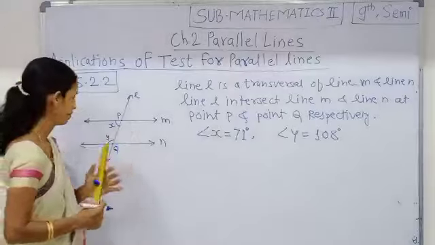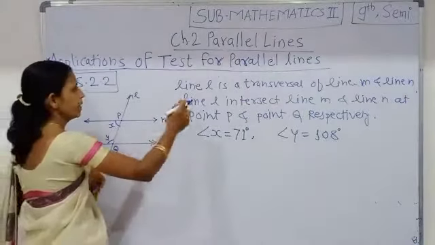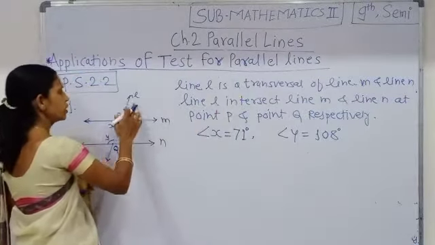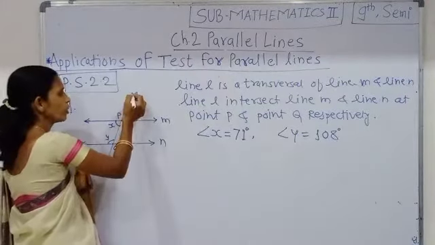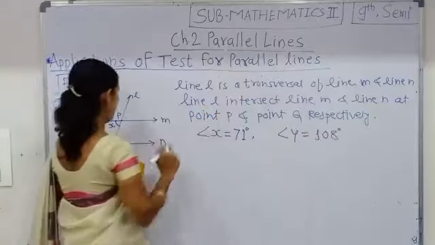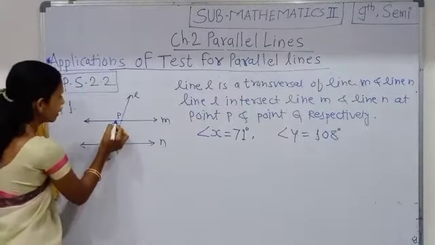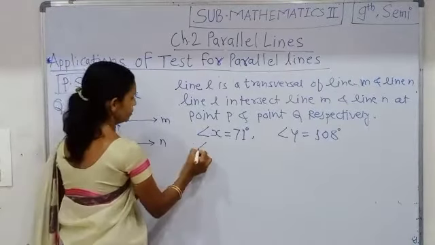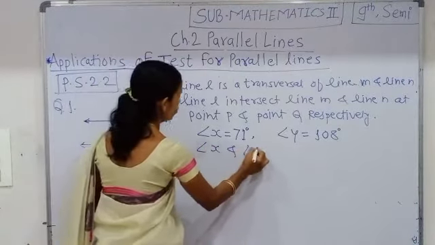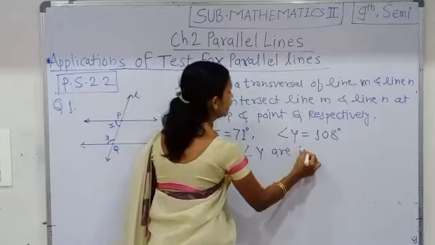parallel or not. See here, line L intersects line M and line N in two distinct points, therefore line L is a transversal, and the angles formed are angle X and angle Y. Here angle X and angle Y are interior angles.